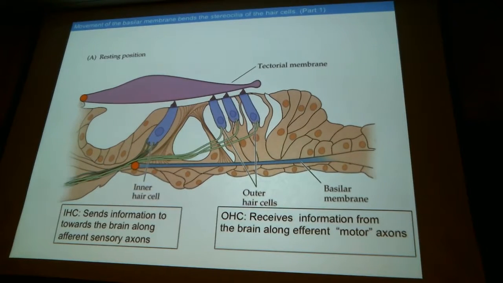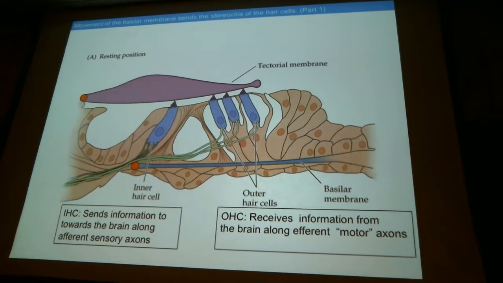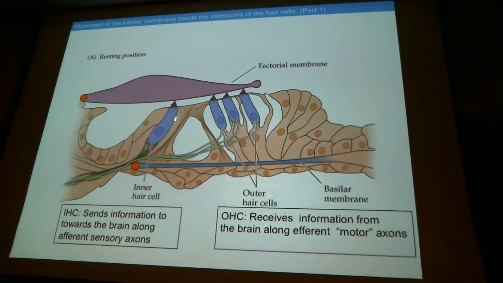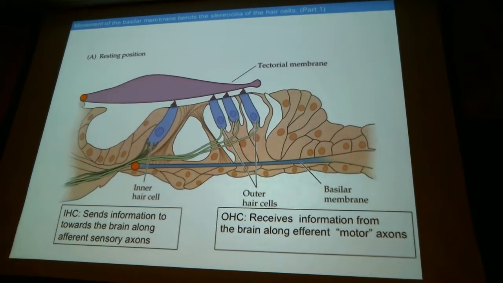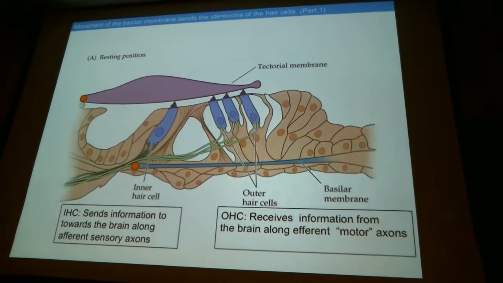Afferent carries information to the brain. Efferent carries information from the brain, right? So there's a feedback to the hair cells through this efferent system. But just remember that the inner hair cells are the primary sensory system for carrying auditory information. In both cases, they're attached to this tectorial membrane.